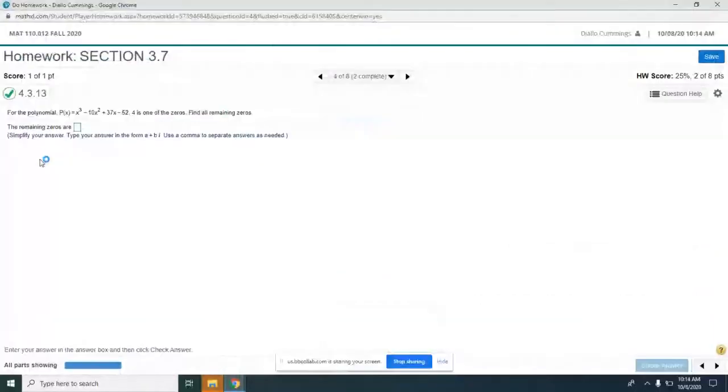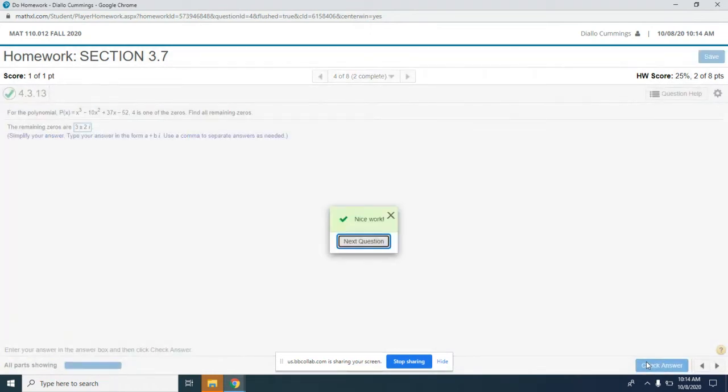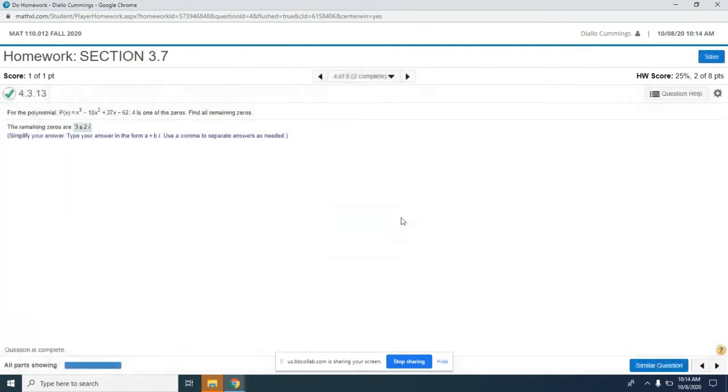If I go back to the shared screen, I believe it'll let you put in a plus or minus, like 3 plus or minus 2i. Any questions about number 4? You will see one similar to that again.